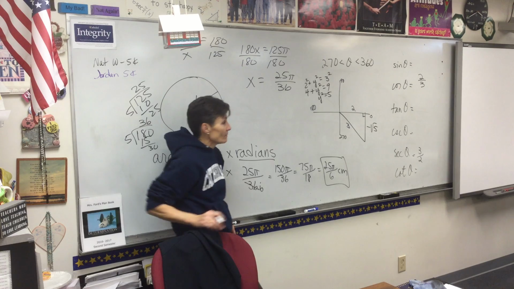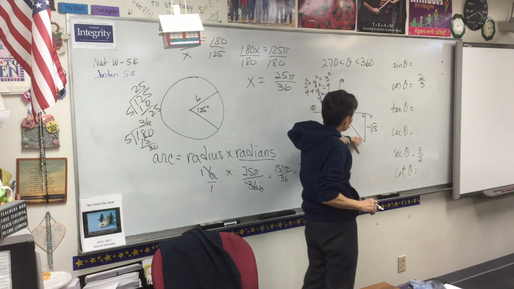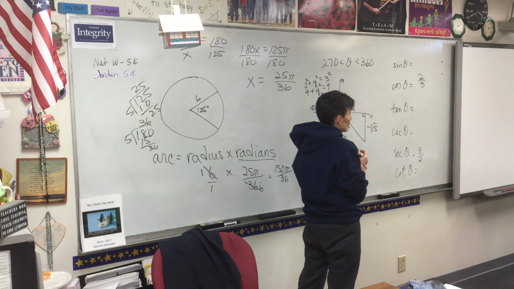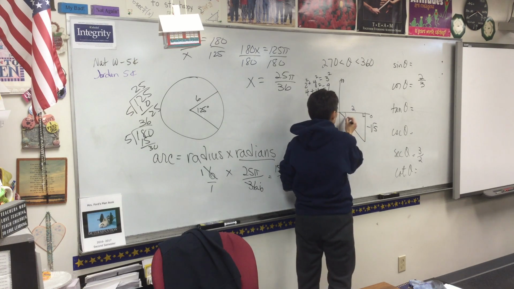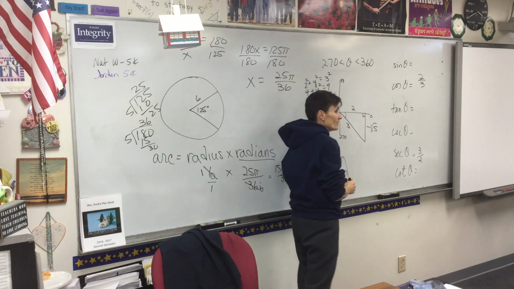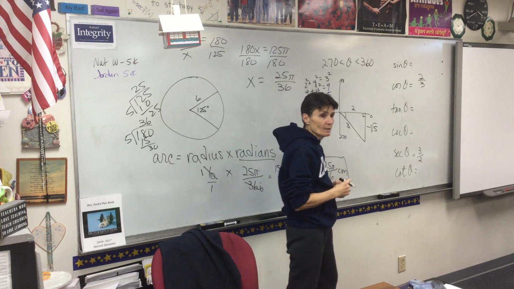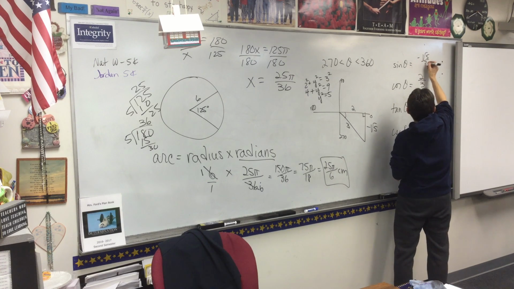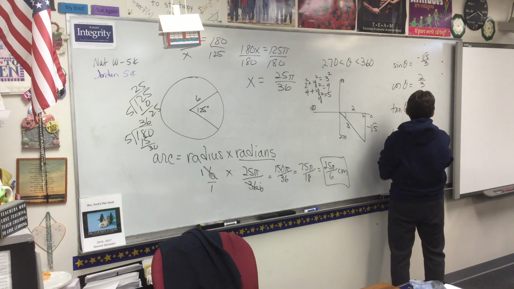Now we fill in the rest of them. Here we go. What's the sine? Guys, your angle's at the origin. Opposite over hypotenuse. Negative root 5 over 3. So cosecant is negative 3 over root 5.